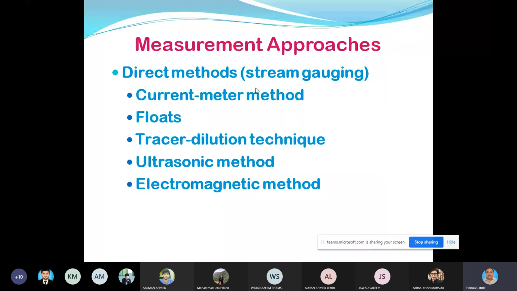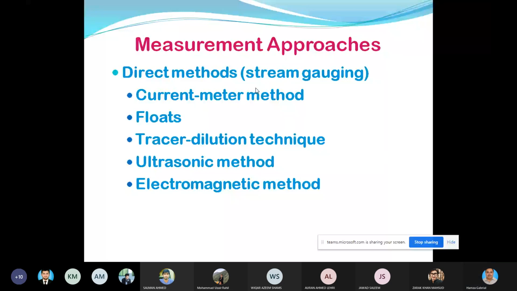Then we can use ultrasonic methods by using the acoustic pulses or signals. So we will send the acoustic pulse or the signal and have the mechanism to receive it back, and this can be calibrated to the discharge.